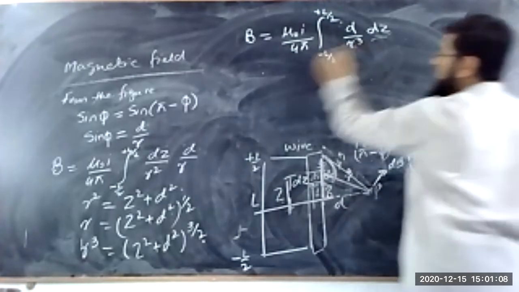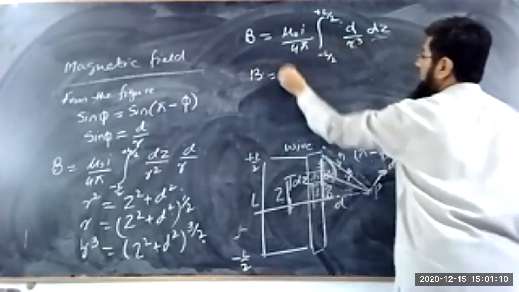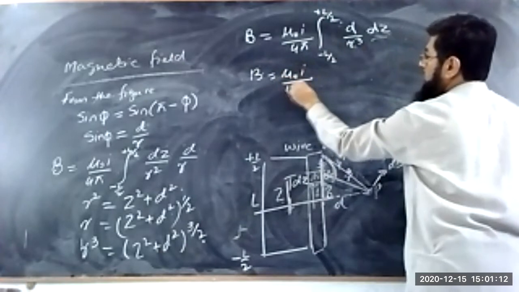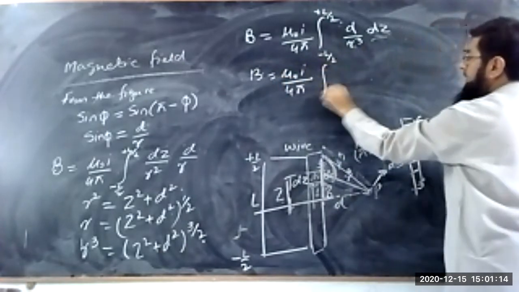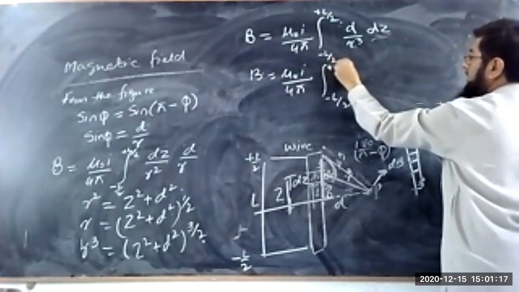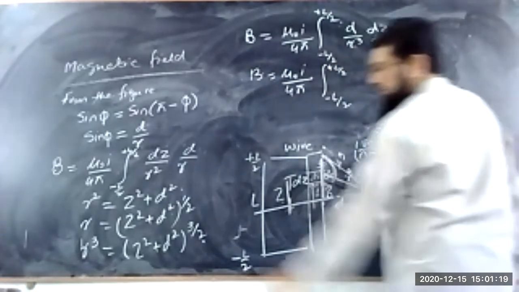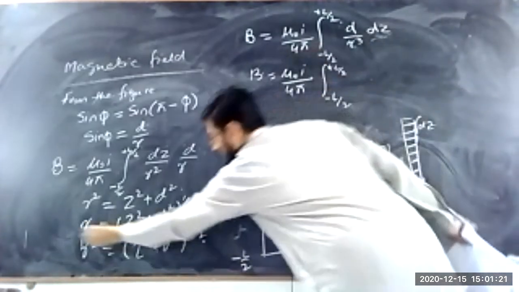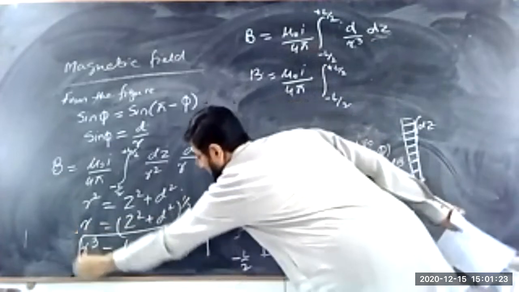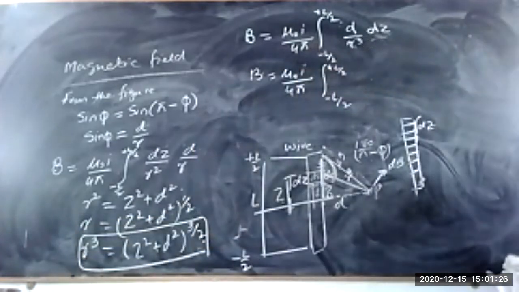So B is equal to mu naught I over 4 pi integral from minus L by 2 to plus L by 2. Substitute the value of r cube here.